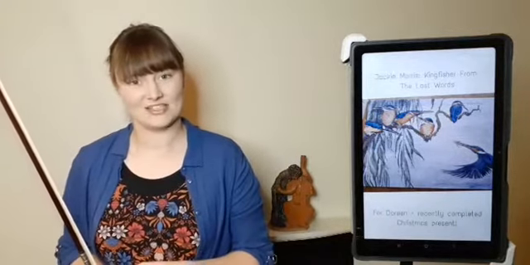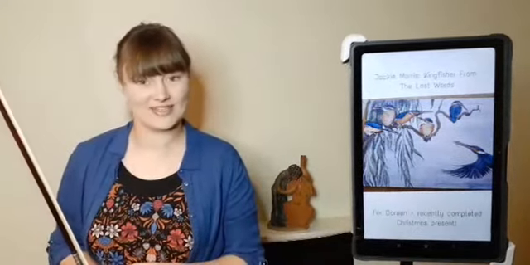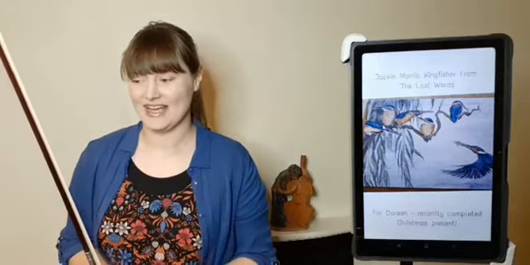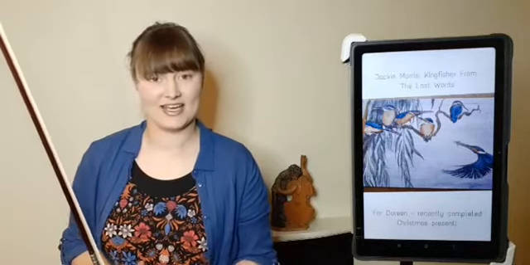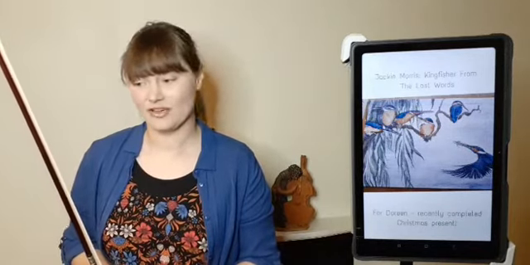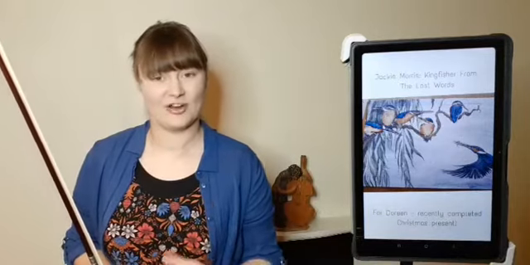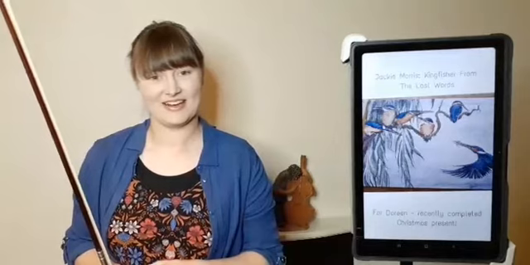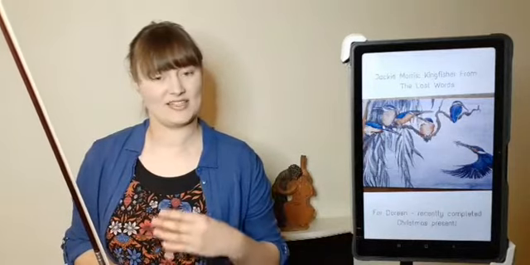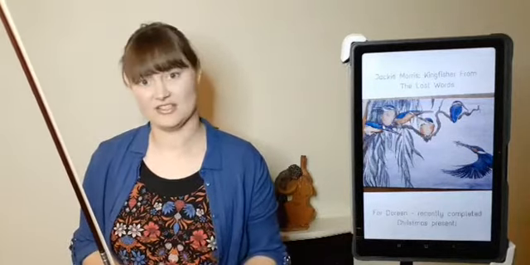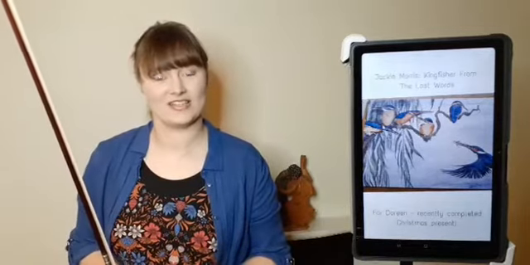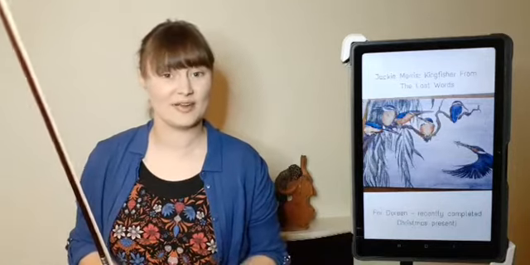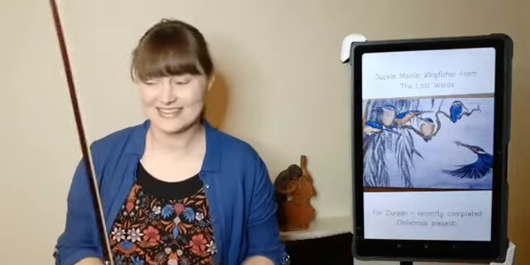Jackie Morris's illustrations of The Lost Words, which, if you haven't seen or read, it is a collaboration between Jackie and Robert Macfarlane, so poetry and beautiful illustrations by Jackie, and they are looking at words that have been taken out of the children's Oxford Dictionary to do with nature, and they're trying to make sure children still come across these words and get inspired by nature, which I think is brilliant.